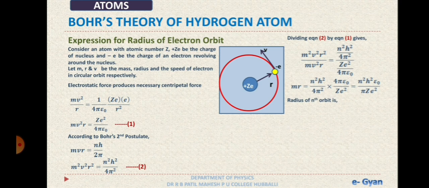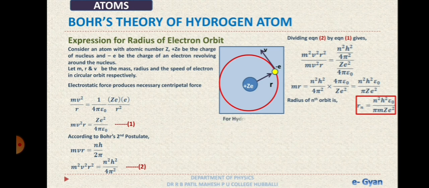Thus, the radius of the nth orbit can be given as Rn is equal to n square h square epsilon naught divided by pi m Z into e square.